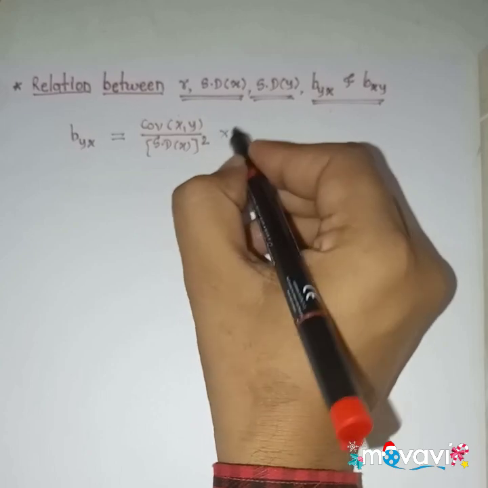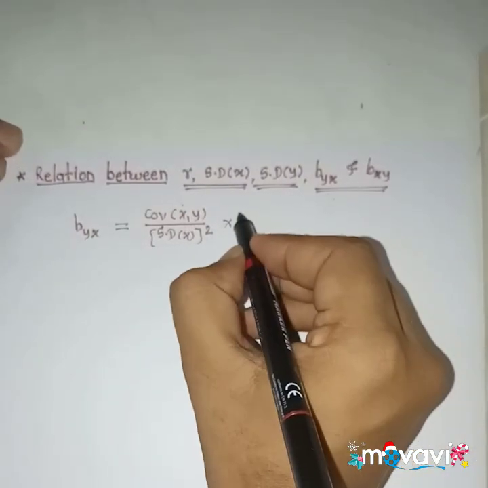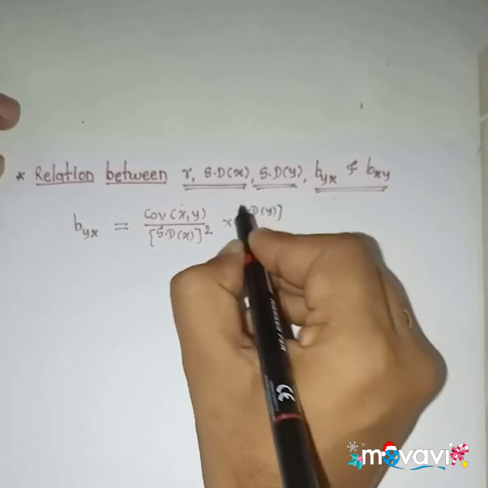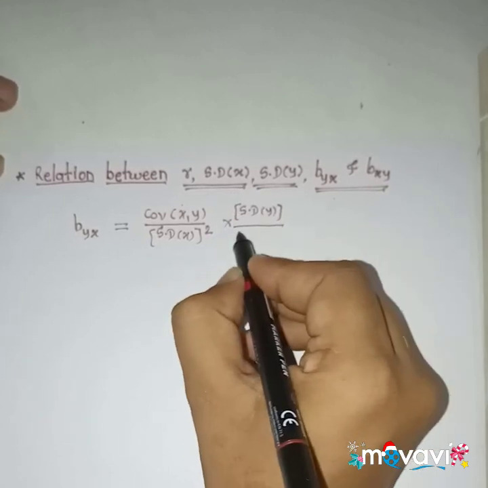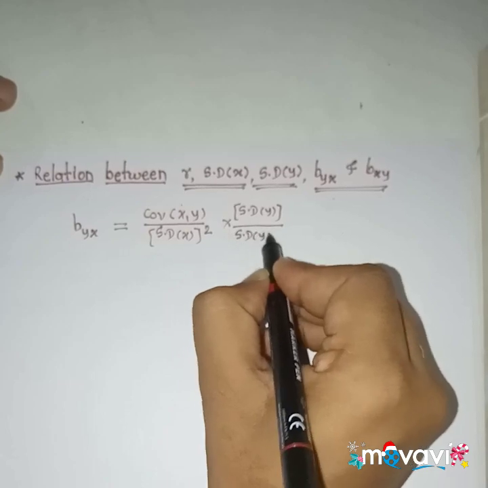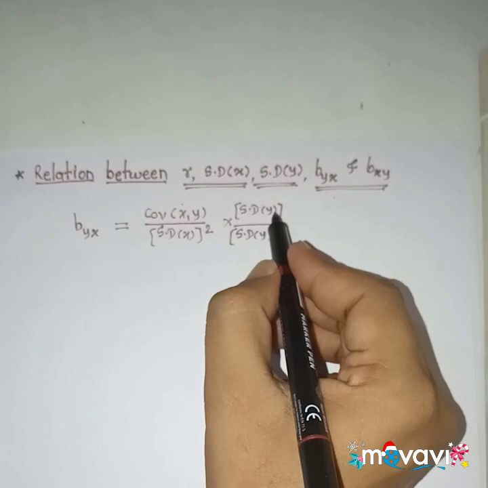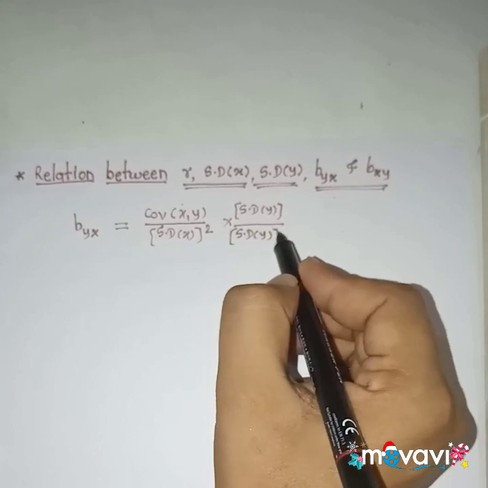If we multiply this by standard deviation of y and divide this by standard deviation of y, so standard deviation of y upon standard deviation of y is 1.